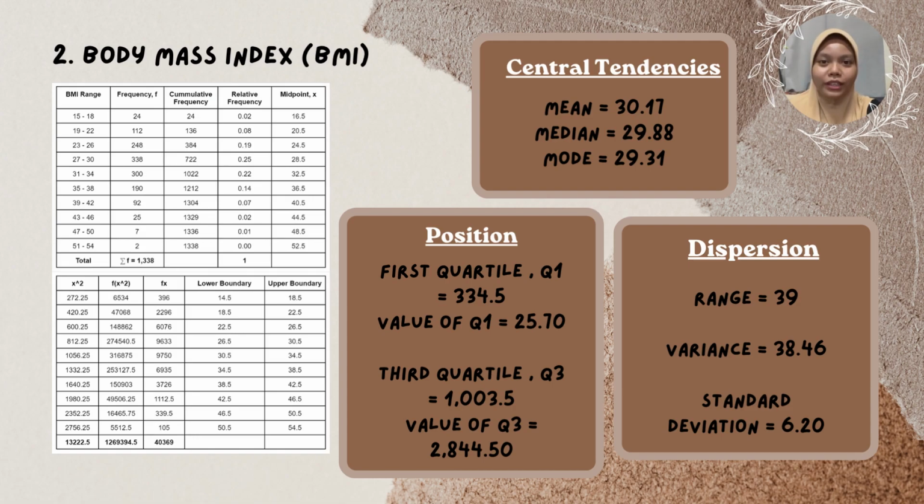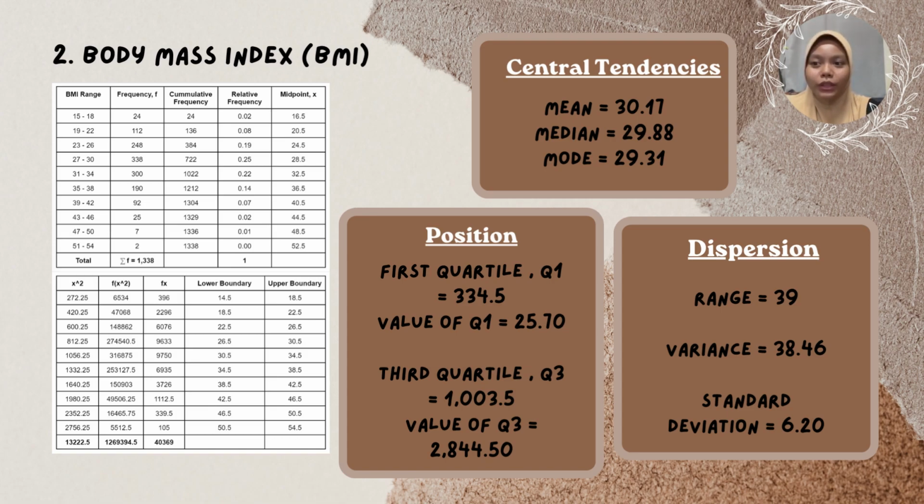For the second numerical variable, which is body mass index BMI, the central tendencies for mean is 30.17 and the median is 29.88 and mode is 29.31. For measure of position, our first quartile Q1 for BMI is 334.5 and value of first quartile is 25.70.